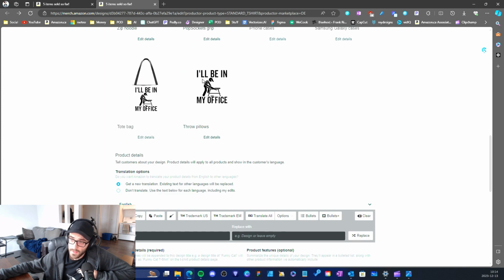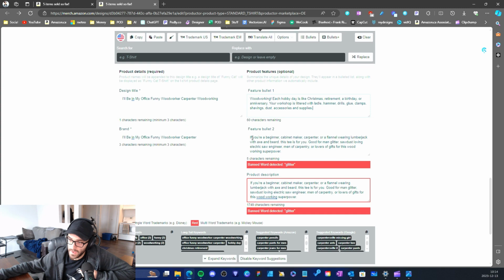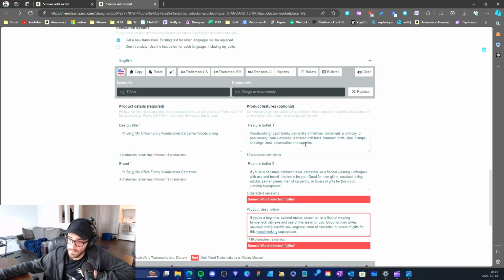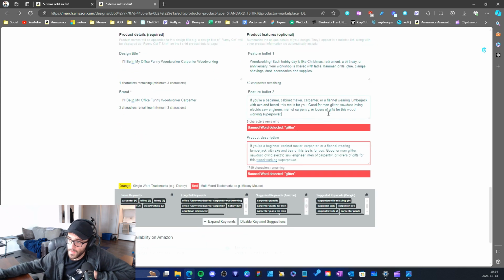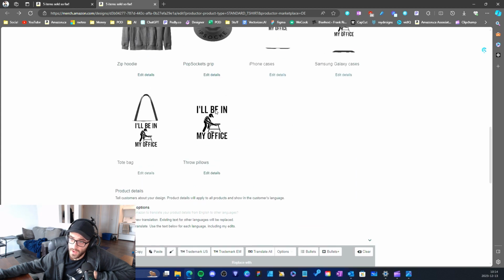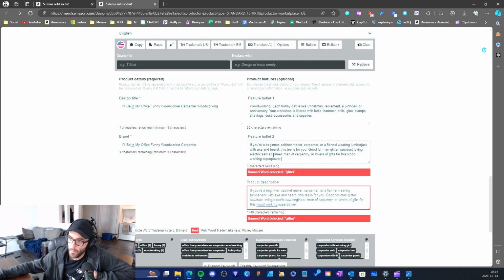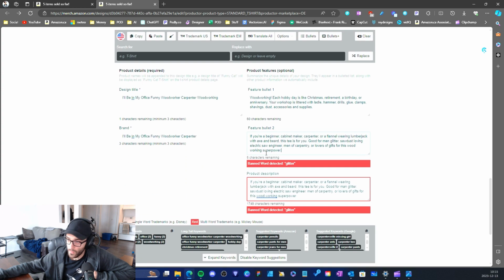The design is about the office being a workshop with supplies and accessories, so maybe they got confused. In this description, I'm talking about the workshop that the person could have, giving reference to some sort of engineer or saw or man of carpentry and woodworking.